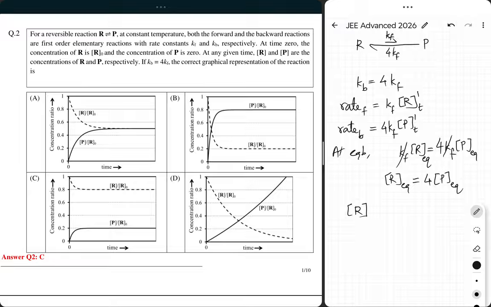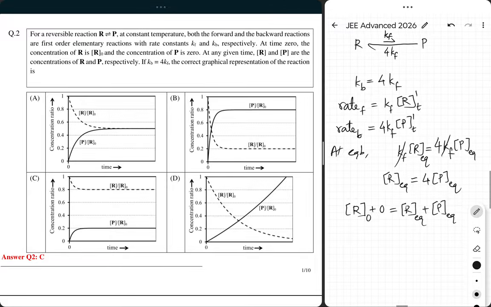So we can say that concentration of R that we started with at time 0 plus concentration of P, which was 0, is the same as the concentration of R at equilibrium plus concentration of P at equilibrium.